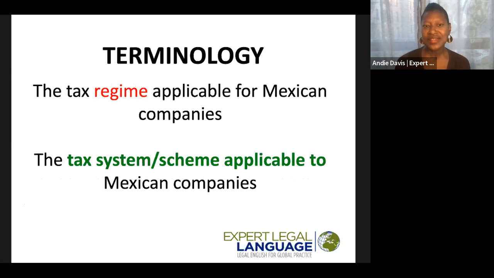What they really meant to say was the tax system or the tax scheme applicable, and pay attention to the preposition here, to, not for, Mexican companies. A system or a scheme just meaning the body of tax law and policy applicable to Mexican companies. So we wouldn't use the word regime there. So it's important to pay attention to your terminology and watch out for either false cognates or words that have a slightly different nuance or connotation in English.